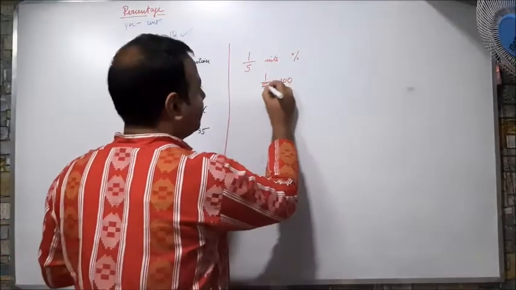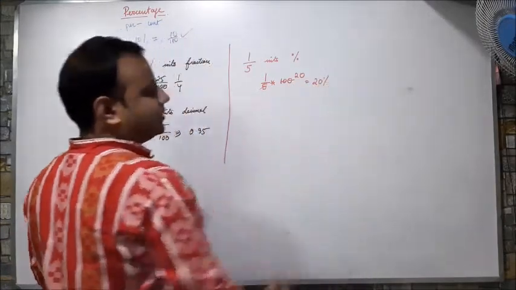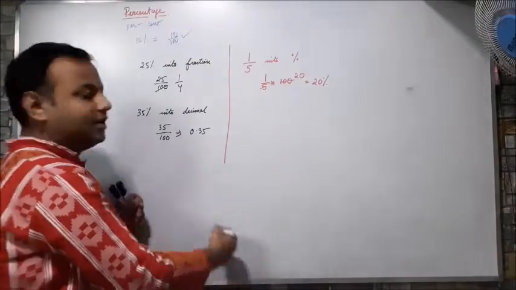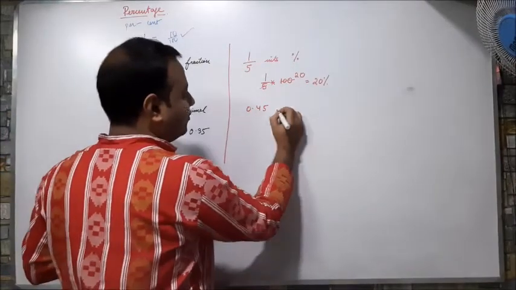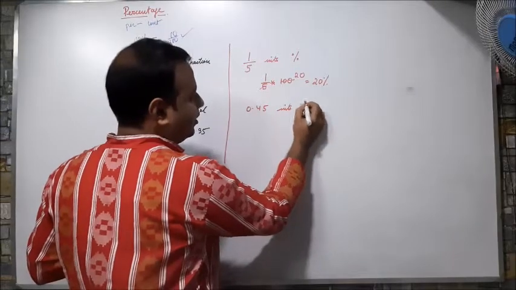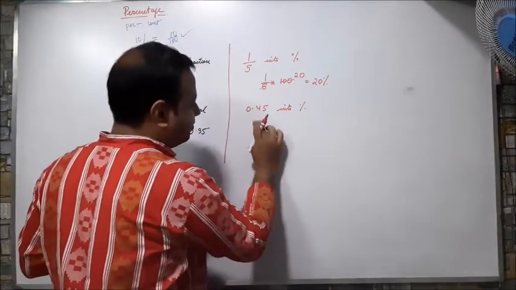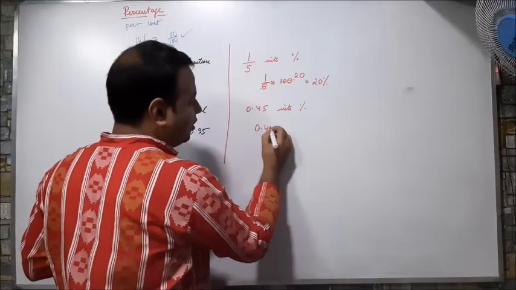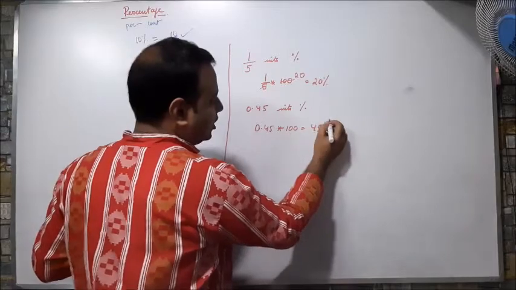What you will get? That is 20%. Or suppose you are given a decimal, 0.45, into percentage. What you will do? 0.45 into 100, that is equal to 45%.